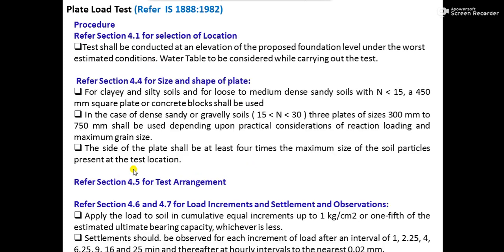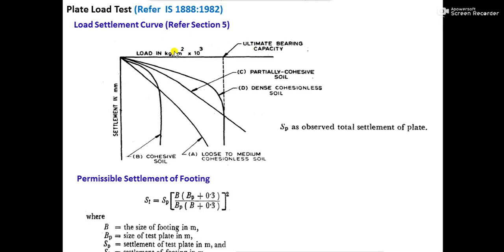So you see what you will have to do. Here you are putting sandbags, so sandbags are creating some load. So what you will do, let's say 10 kg load you put over here, so you plot this 10 kg load over here, and what you are doing over here, you will just change that load to stress, that is kg per meter square. So how do you do it? The load will be actually getting transferred to this plate.